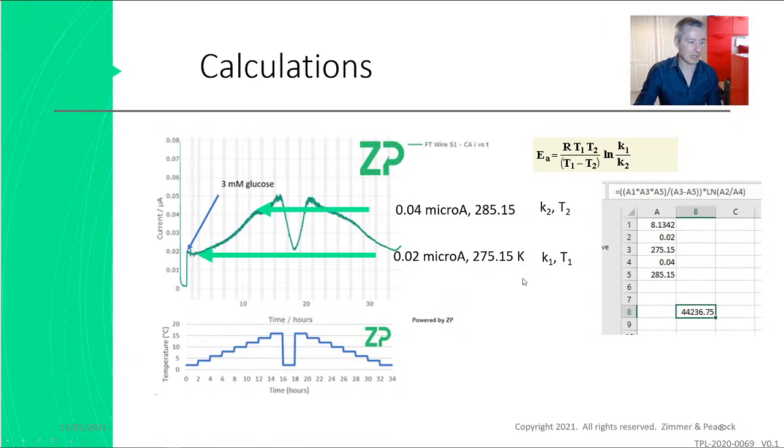I may have to check that later on, but anyway, I knew the gas constant, I knew my rate at one of the temperatures, and I knew my other rate and temperature. I essentially just wrote that equation into the spreadsheet, and I calculated 44,236 joules per mole, or 44 kilojoules per mole.